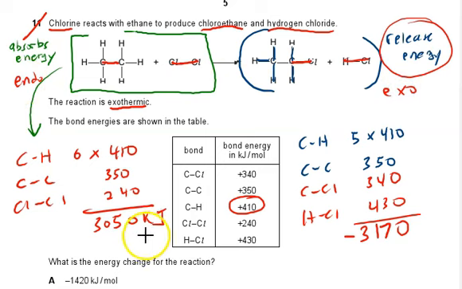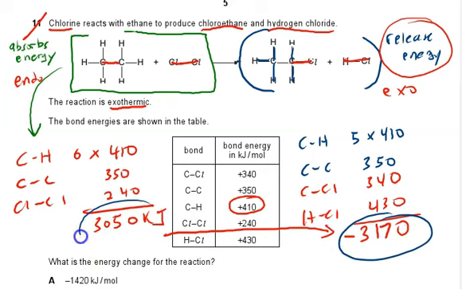When we total up both of these values, we will be getting a negative. So we'll be getting a total of negative 120 kilojoules, which is correct, it is exothermic.